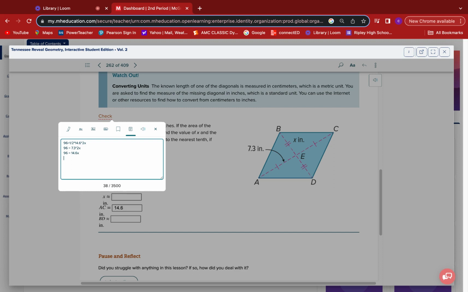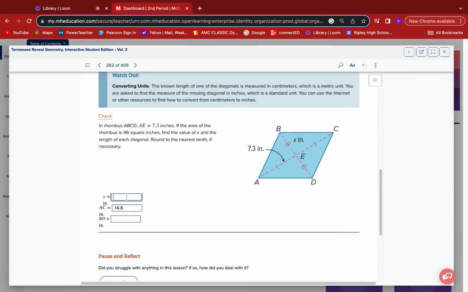Looks like X is about 6.6. I guess I'll round to the 10th because that's what they asked me to do right there. So X is 6.6. Now remember, that's the distance from B to E. And because this is a rhombus, the diagonal has been bisected.